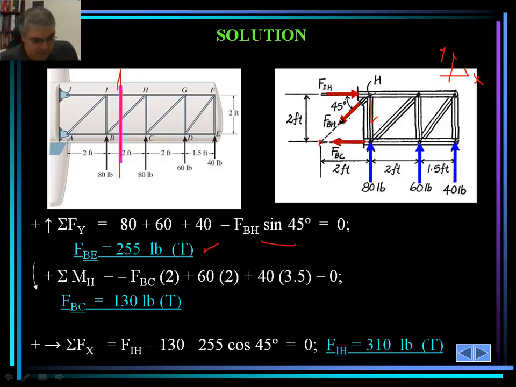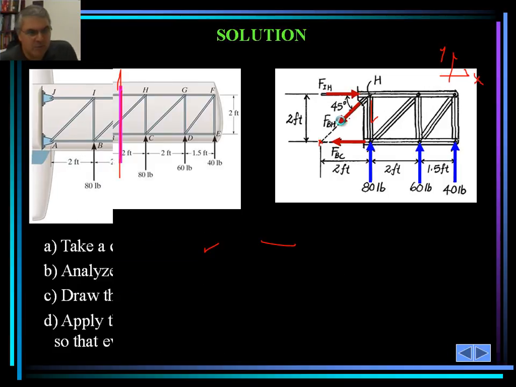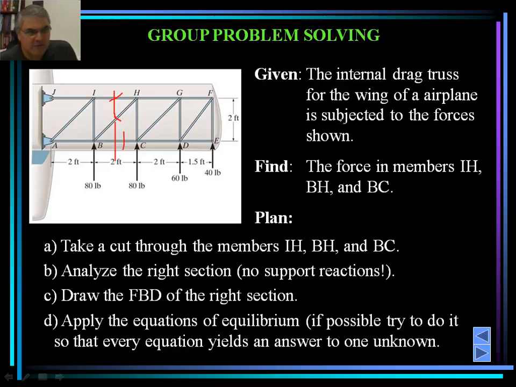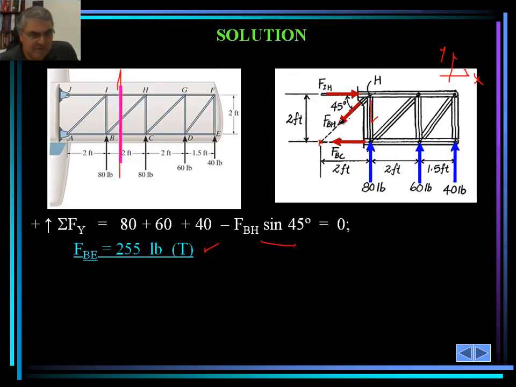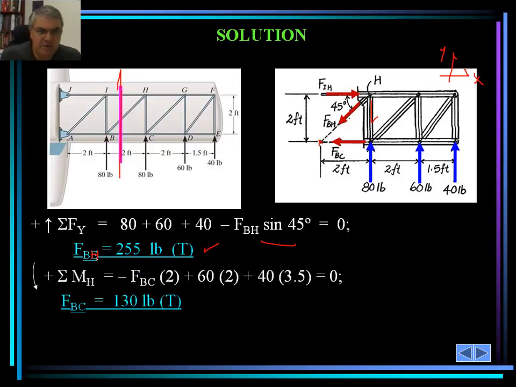Let me go back to the problem here after finding the forces in members IH, BH, and BC. As such, this is actually going to be F sub BH. Okay, there's a typo here. This is not really E, but it's actually F sub B sub H. Let me correct that while we are going over this problem.